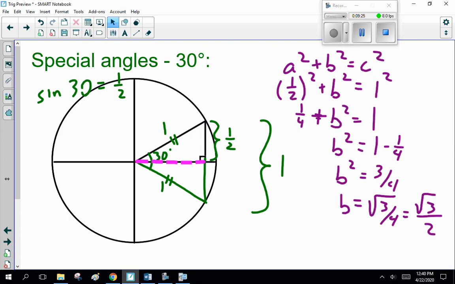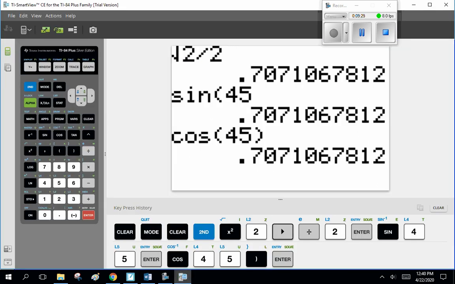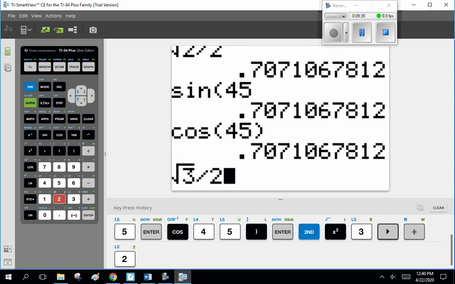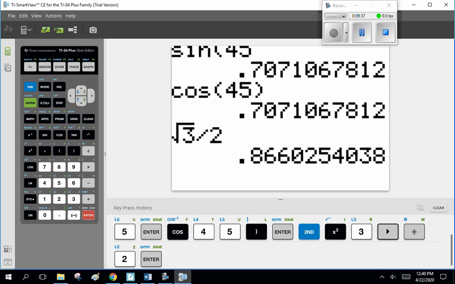You will see this number. Double checking. Square root of 3 divided by 2 is 0.866.